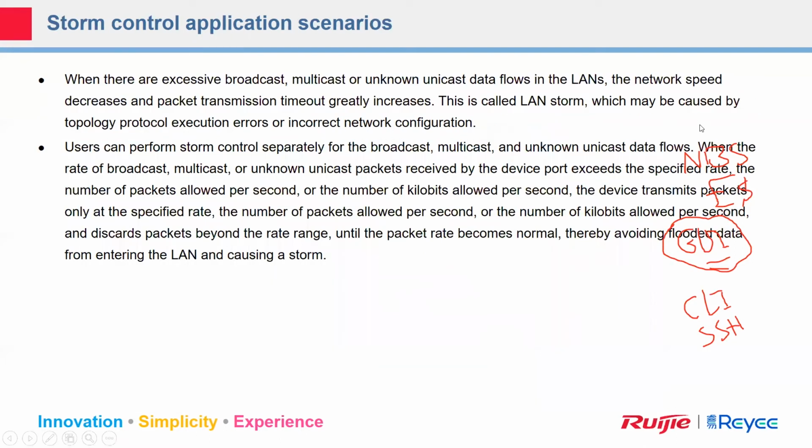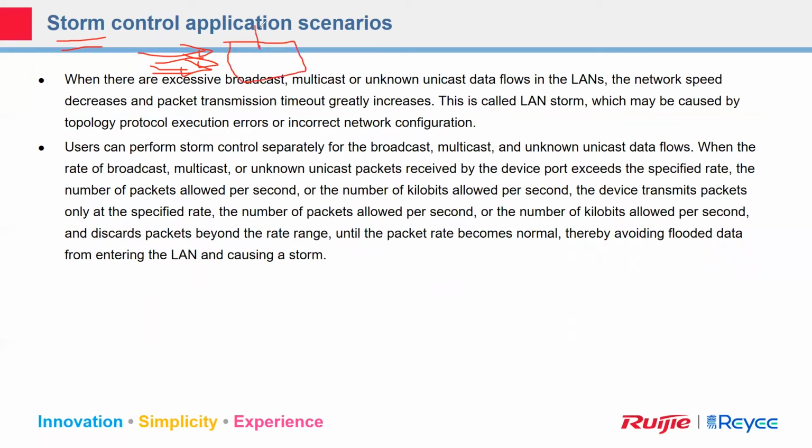Okay. All right. Next is storm control. What is storm control? From the meaning, it's a storm coming to our switch. It might be affecting the switch itself. So we have to control that storm. There are different scenarios regarding storm control, by the way, but let's explain how it works.